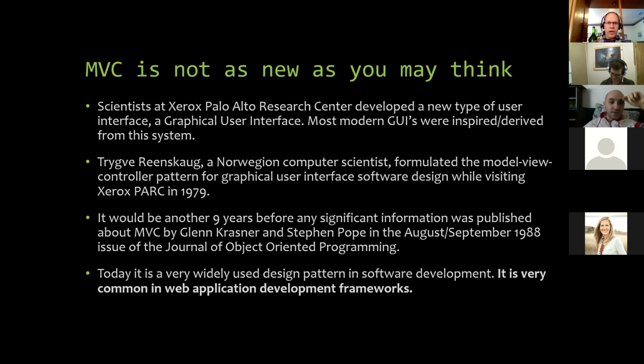It was another 9 years before any of that information was actually published where people could read about it. So it was in August and September of 1988 in the issue of the Journal of Object-Oriented Programming where that information was released. And it kind of got out in the wild from there, and today it's a very widely used design pattern in software development and very common in web application development frameworks.